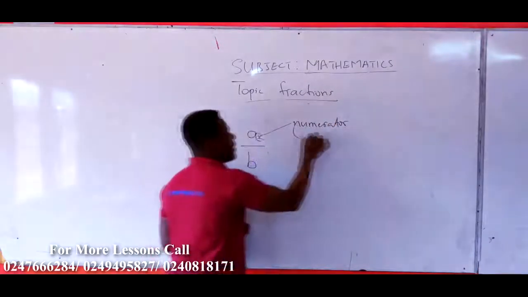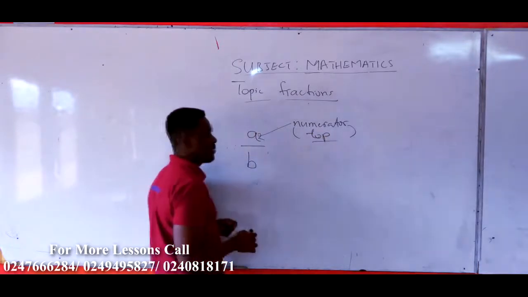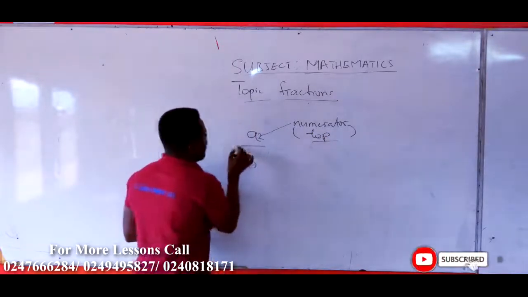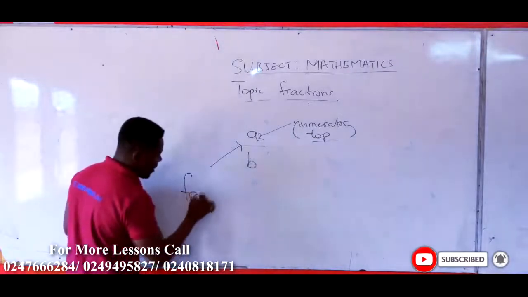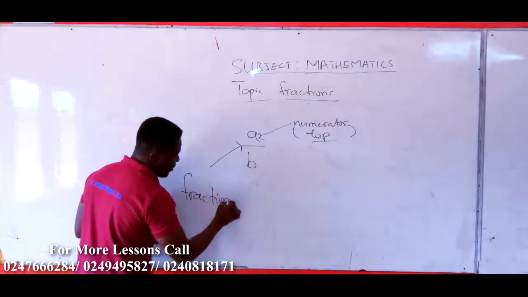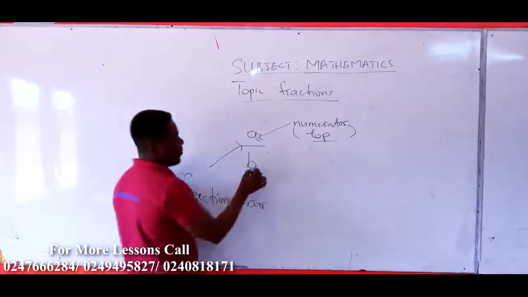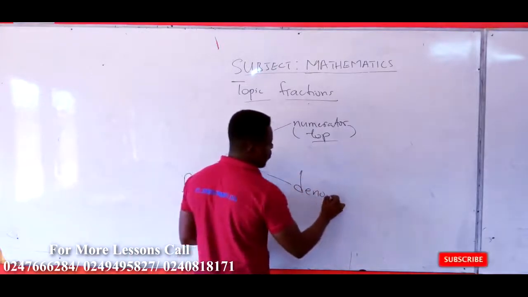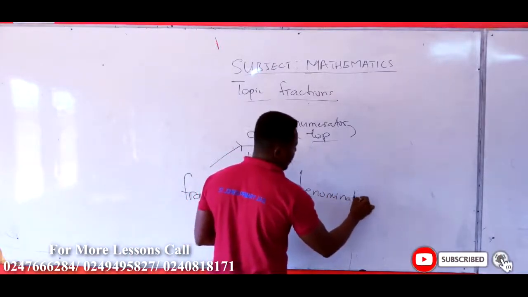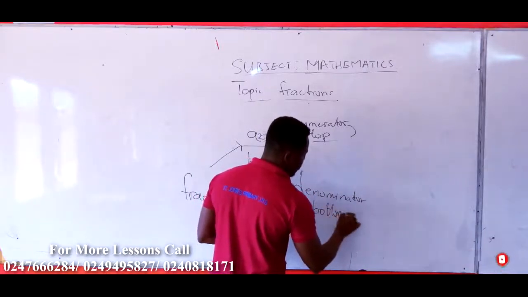The numerator is the top number of the fraction. The bar here is termed the fractional bar. And the bottom number here is what we call the denominator, or the bottom number.